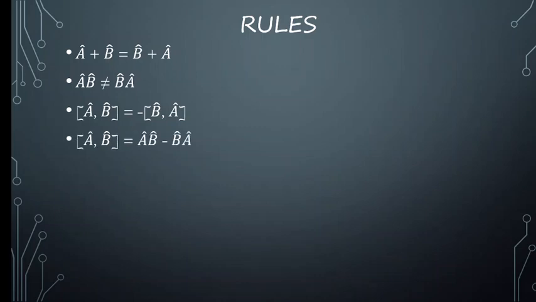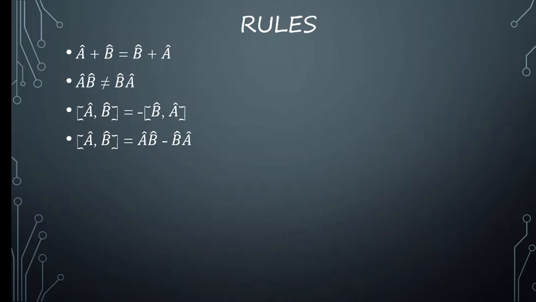So what is the A cap B cap inner product? The inner product of two operators A cap B cap will be equal to A cap B cap minus B cap into A cap. This is the main relation which is used to solve the inner product of different operators.